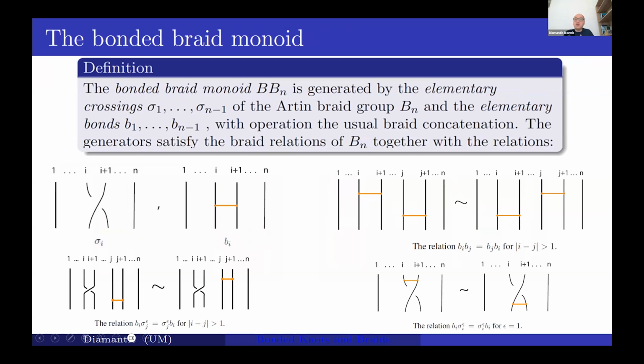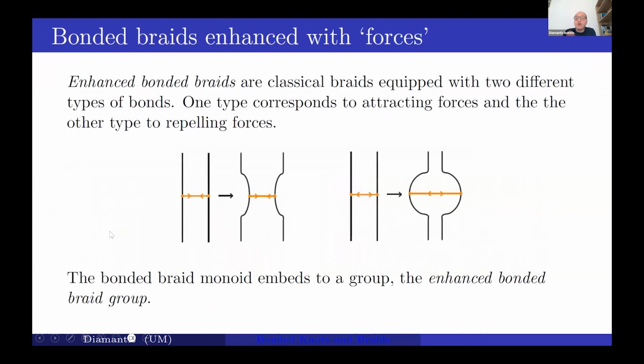Finally, I just want to mention that the set of bonded braids does not form a group, they form a monoid, and this is because the bonds are not invertible, all right? But if you allow the inverse of a bond, we call that enhanced bonds, which means that we assume that bonds are equipped with some type of force, either attracting or repelling.